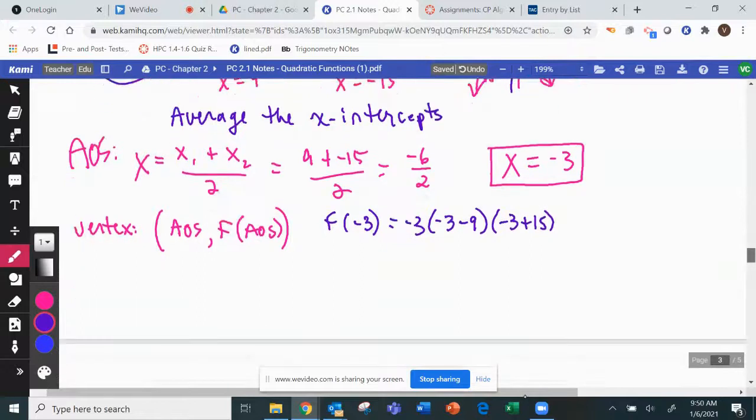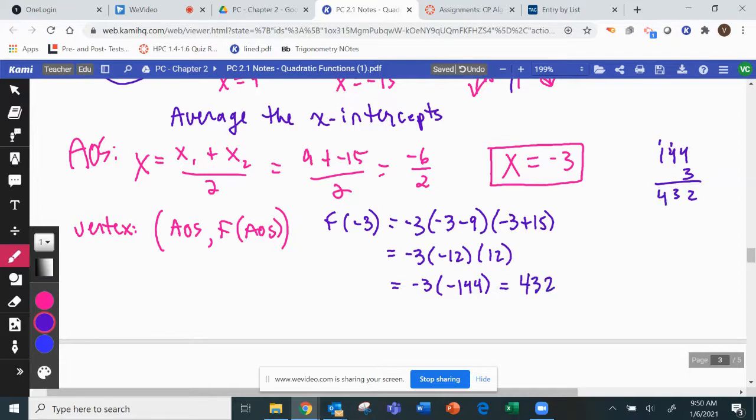So I'm plugging in negative 3 for x. Get negative 12. I'm going to get positive 12. Negative 144. It's going to be positive. So I got 432. So my vertex is written as negative 3, 432.